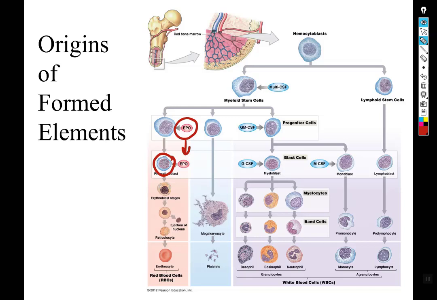So basically, the cell's job is to just fill up with hemoglobin as much as it can before it spits out its nucleus and eats up all of its organelles. So what you get at the end is this little discoid bag of hemoglobin, and that's what your red blood cells are.